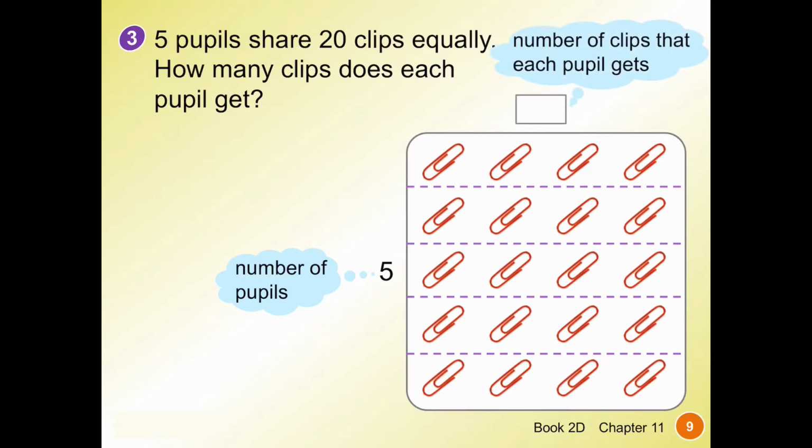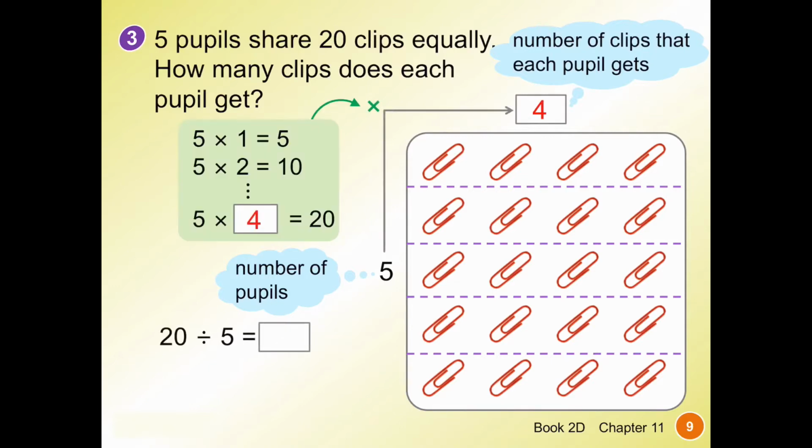So here, after doing the repeated subtraction 1, 2, 3, 4 times, then we're done with assigning all 20 clips to the 5 groups. And each pupil or each group would get 4 clips.